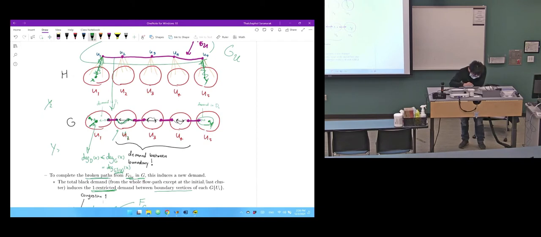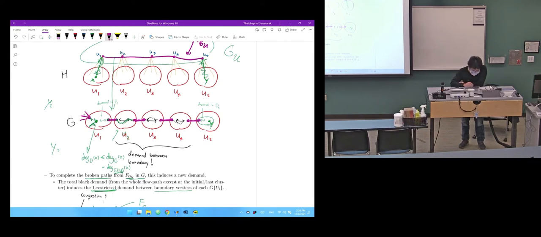How about the other node? Well, this other node here, the total demand that it needs to receive, you can bound it in a slightly better way.